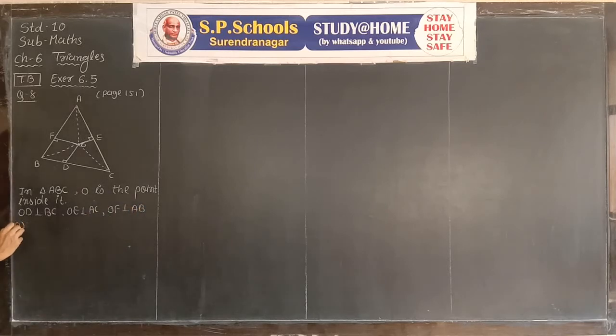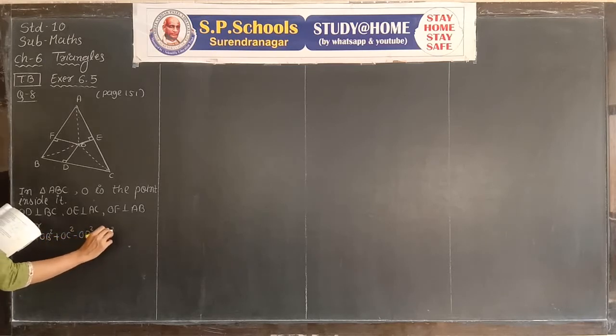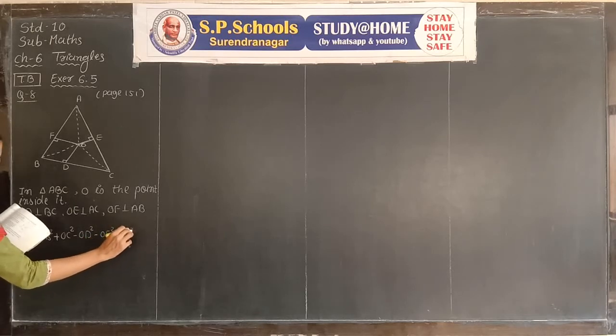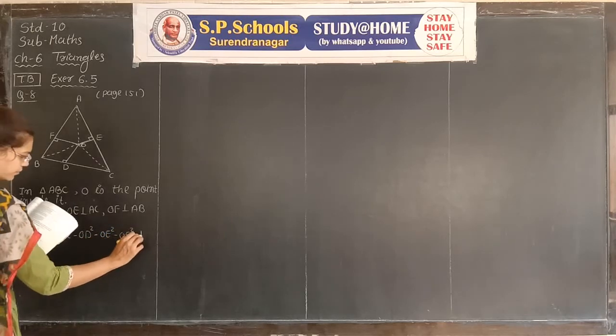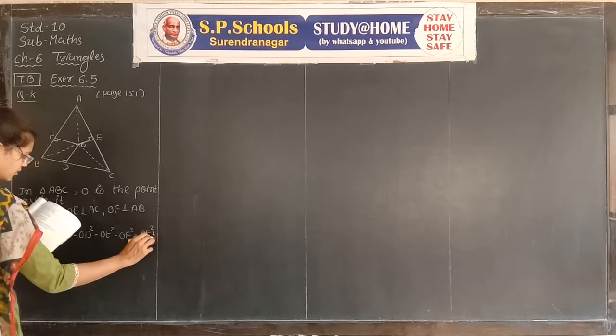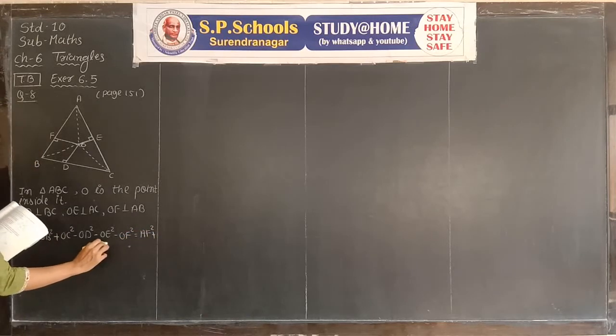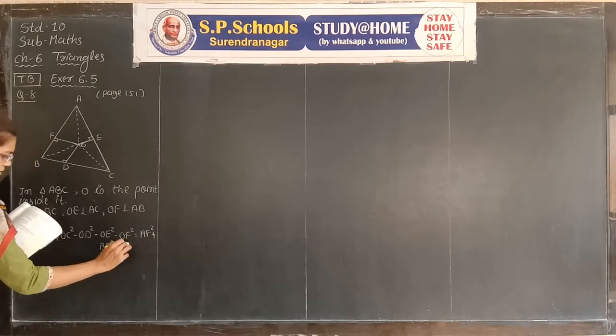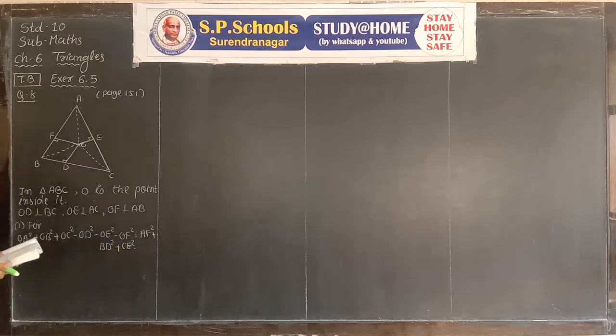For the first thing, OA square plus OB square plus OC square minus OD square minus OE square minus OF square is equal to AF square plus BD square plus CE square.